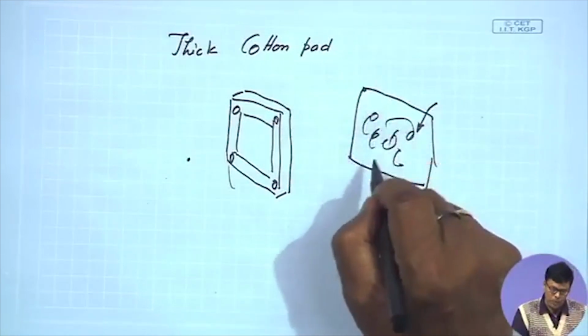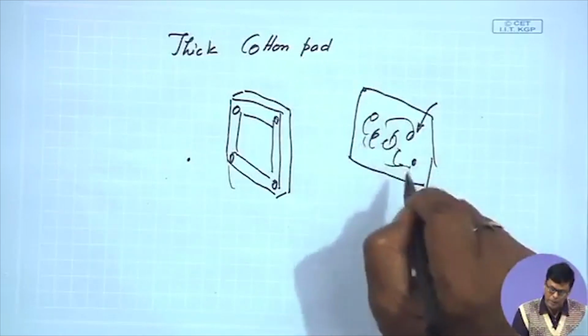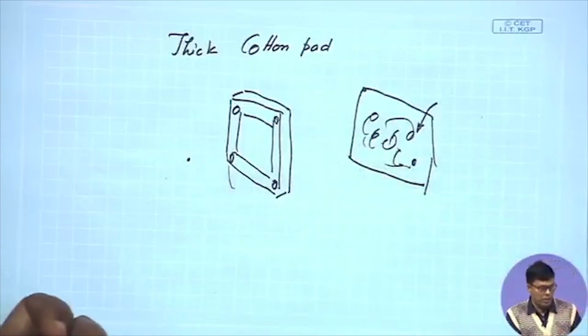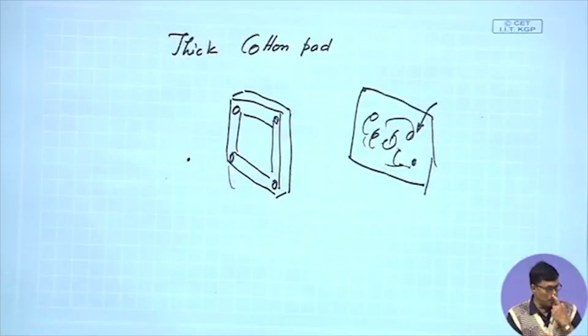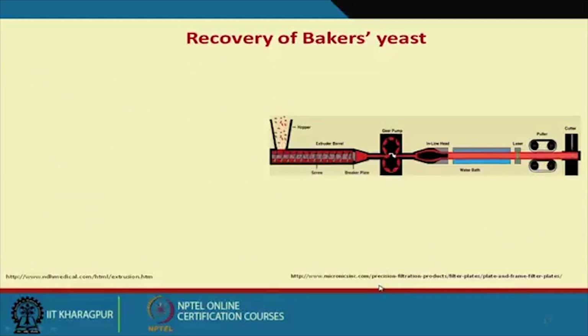Now if we allow some air to enter the system, then what will happen? Your Baker's yeast cell contains some kind of fats, and these fats, in the presence of air and moisture, turn acidic and give a foul smell that is undesirable.